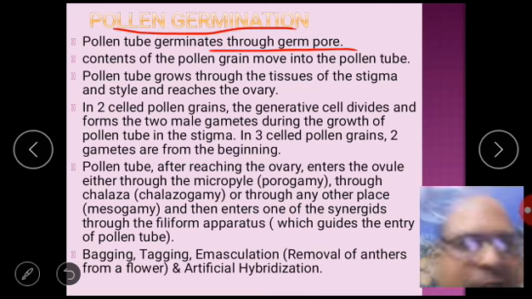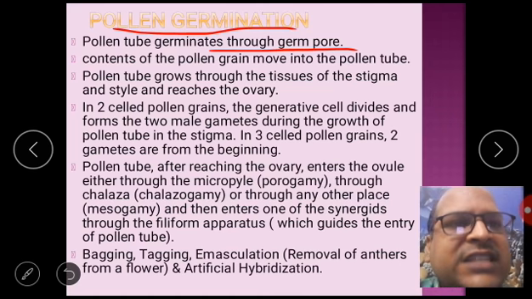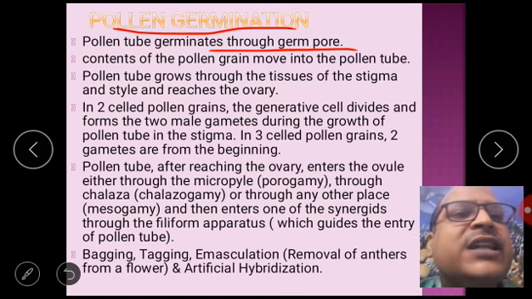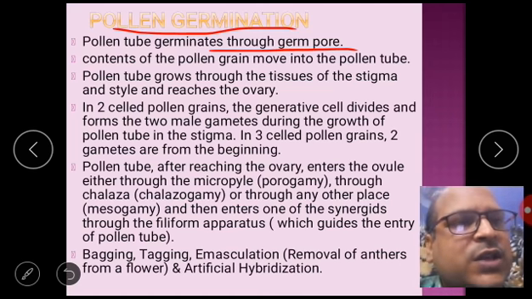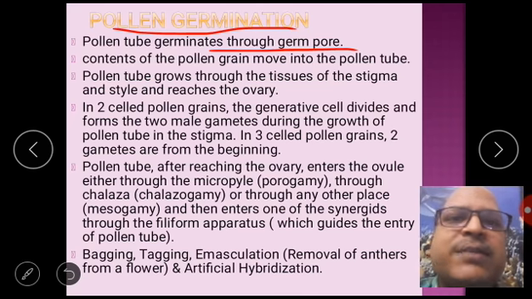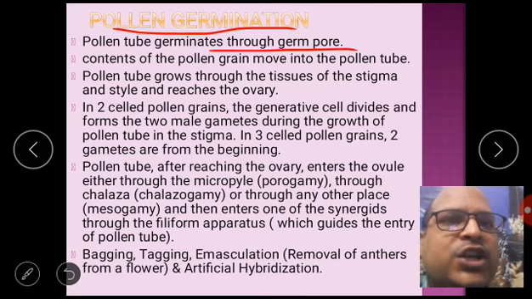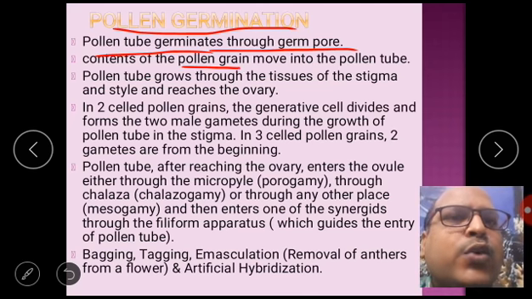I told you already, in the first video of this chapter, that in every pollen there is a pore at which sporopollenin is absent. That point where there is no sporopollenin is known as the germ pore. So from this germ pore the pollen tube germinates. Is it clear?